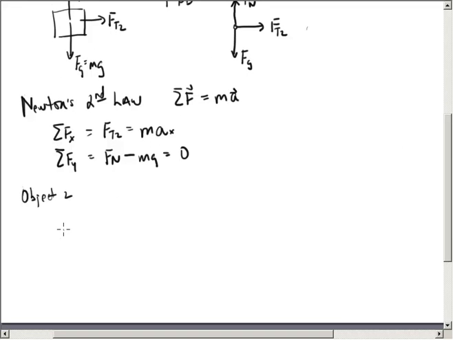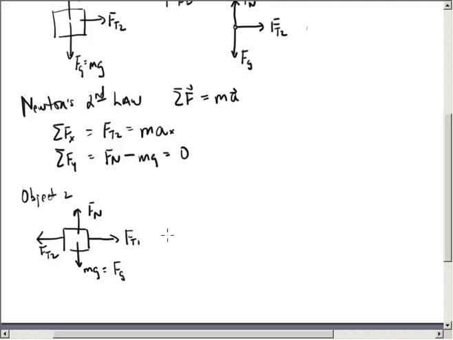And let's draw our box. We of course have force of tension 1. We have the back force of tension 2. We have mg equal to the force of gravity. And then we have our normal force.